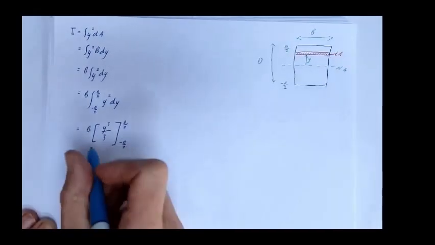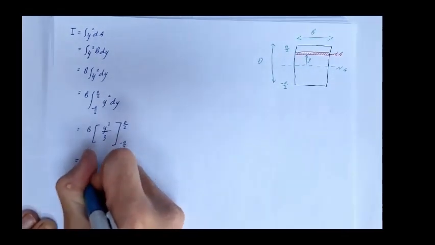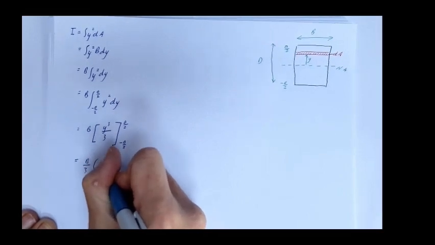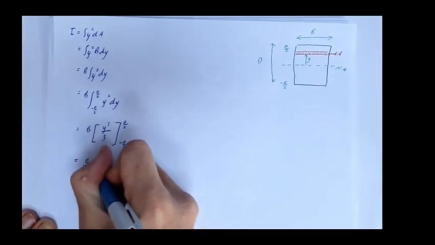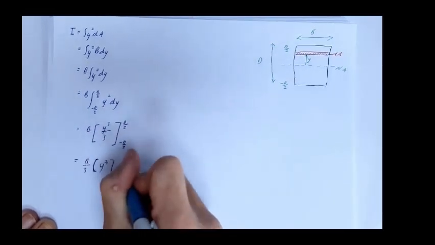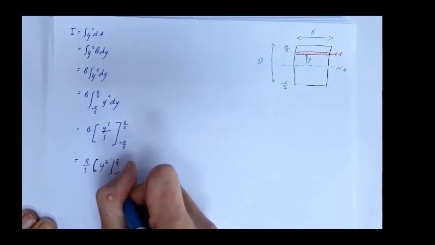We can move the third outside, so that's going to be b over 3, lots of y cubed, with square brackets still, d over 2 and minus d over 2.